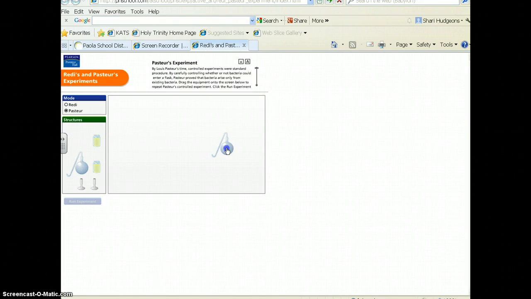He also wanted to check, because a lot of times they would have broth, and he wanted to show that if he had this type of S-shaped flask, there could be no bacteria that could get in.